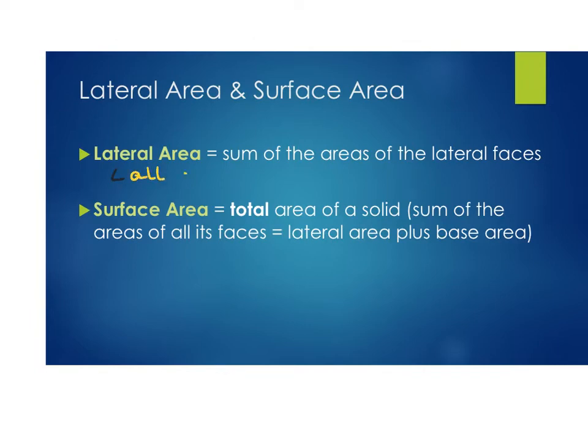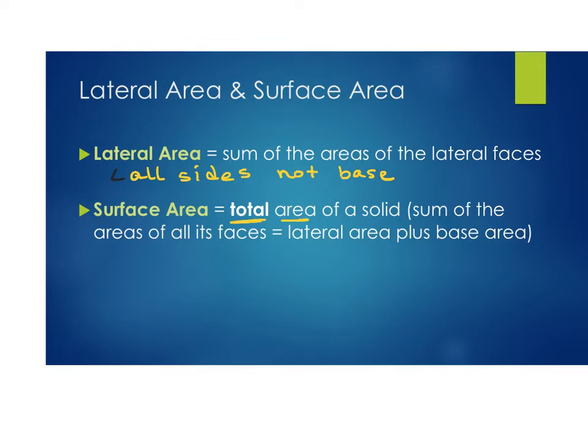So all side polygons, all sides, not the base. So in the case of a prism, there'll be two bases, and in the case of a pyramid, there will be one base.